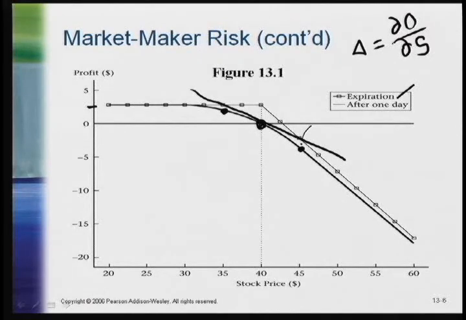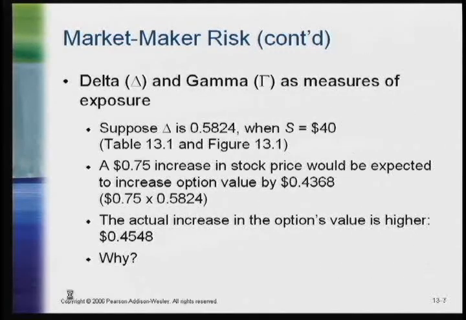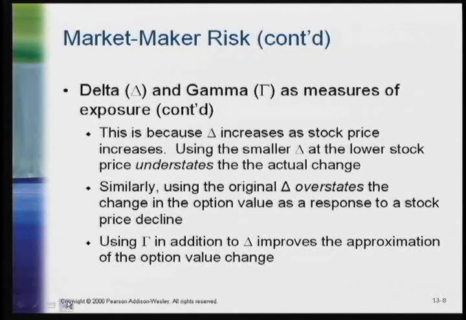What we would see is that when the price of the stock goes up, the value of the option goes up by more than what the delta approximation says. And when the stock price goes down, the value of the option goes down by less. It's below the tangent line. And the reason is gamma.